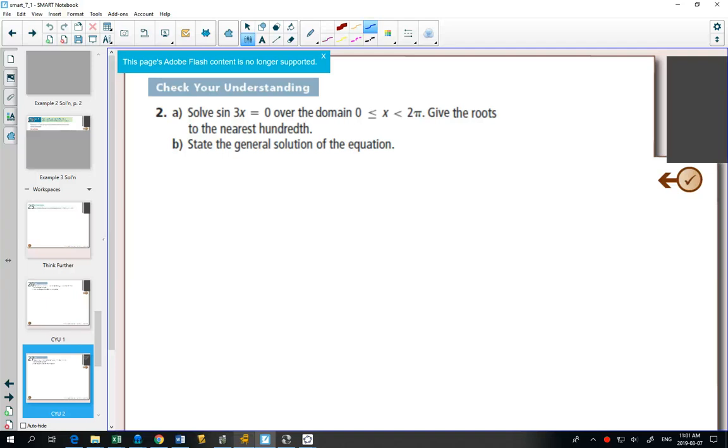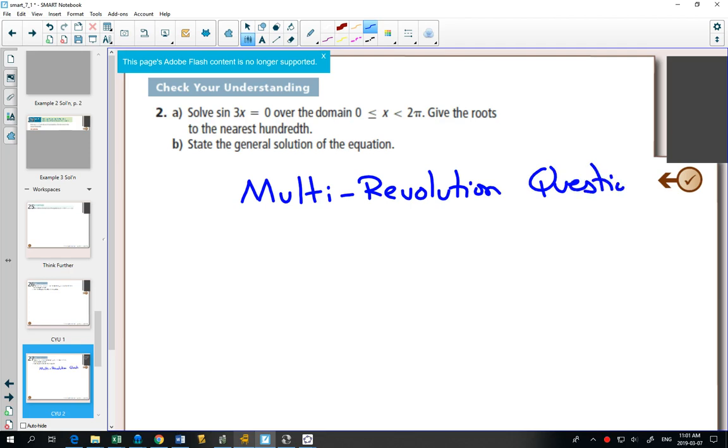Solve sine 3x equals 0 between 0 and 2 pi. Now, I call these multi-revolution questions because we have either a horizontal stretch or a horizontal compression.